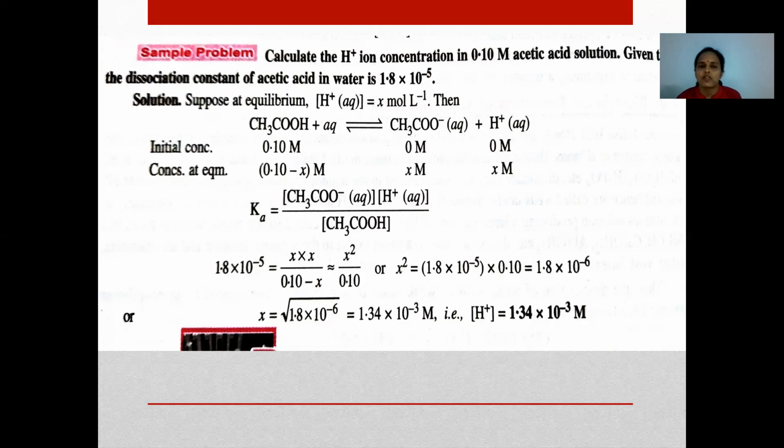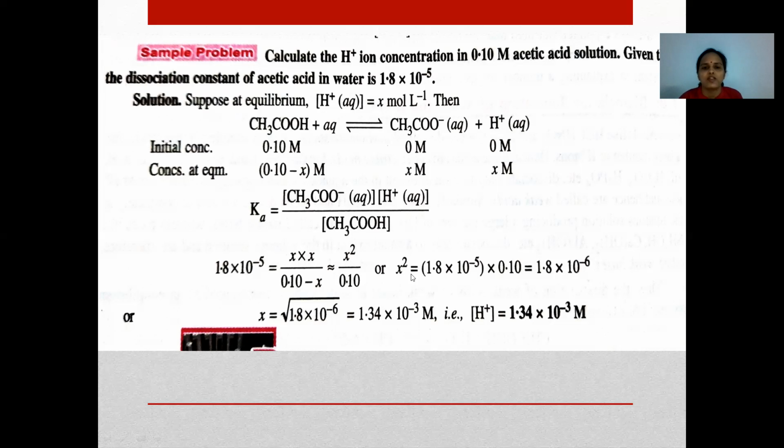So the dissociation constant Ka is equal to the molar concentration of acetate ion into the molar concentration of H+ ion divided by the molar concentration of acetic acid. So we'll put the values. Ka is here given as 1.8 into 10 raised to minus 5. CH3COO- we assumed here as X moles, H+ also X moles. So X squared upon 0.10 minus X.